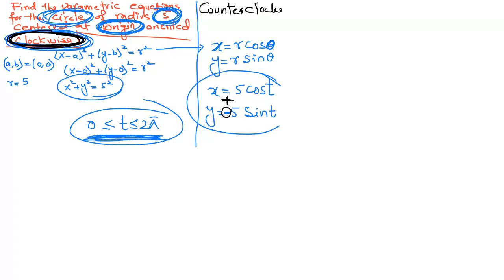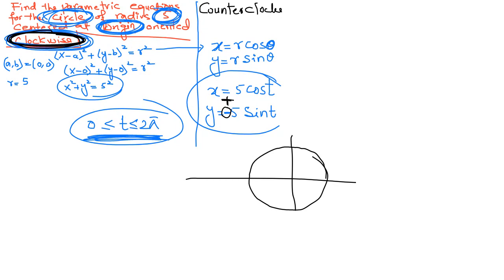Because in the graph, we see this is 0, this is pi by 2, this is pi, this is 3 pi by 2 and this is 2 pi. So we move in this direction, and this is counterclockwise. But here it is clockwise, so that's why I take the negative sign. Okay, understand?